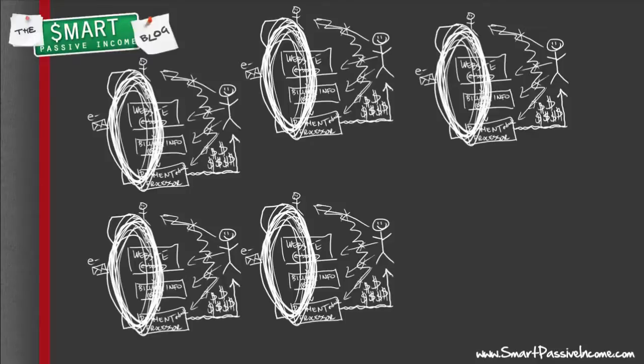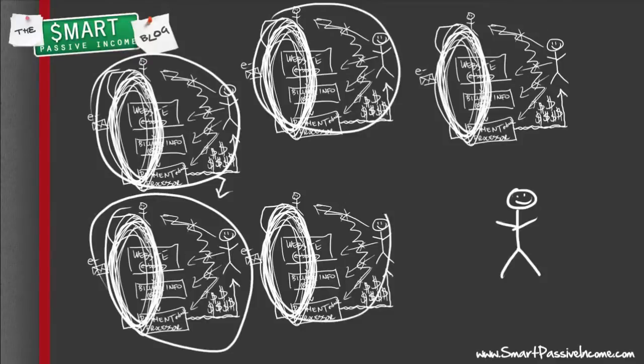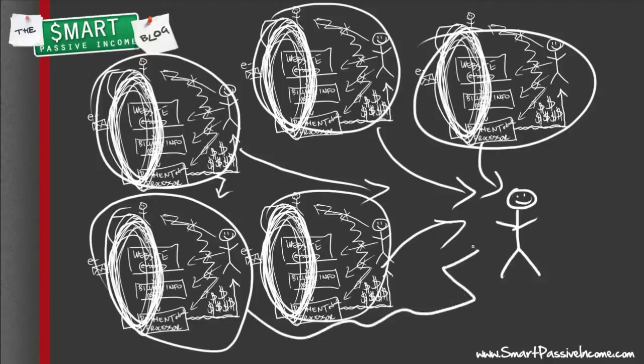And while that's happening, you're sitting here doing nothing because you set that up, right? From this first one, after you set it up, it's on autopilot. You can create another one, and then another one, and then another one, and then another one. And then income will come to you from each of these passive income streams. And that makes you very happy.